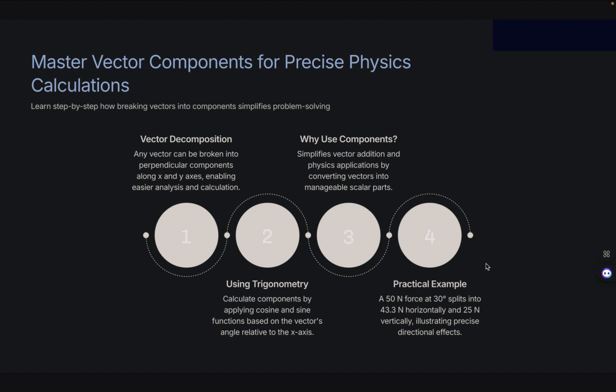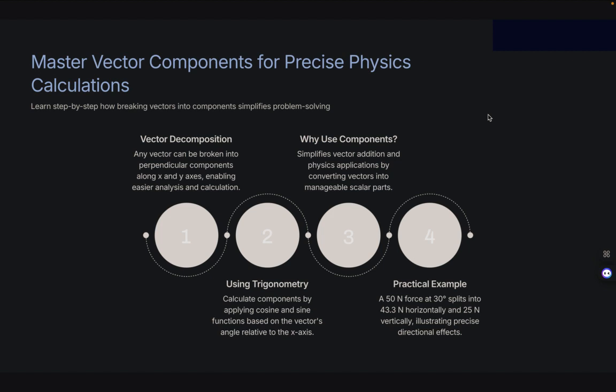Next, we're going to learn step by step how to break vectors into components, which simplifies problem solving. Let's speak about vector decomposition. Any vector can be broken into perpendicular components on an x and y axis, enabling easier analysis and equations. Again, let's imagine a parallelogram, a four-sided geometrical shape which has slanted or diagonal sides on one side and then the other is straight.